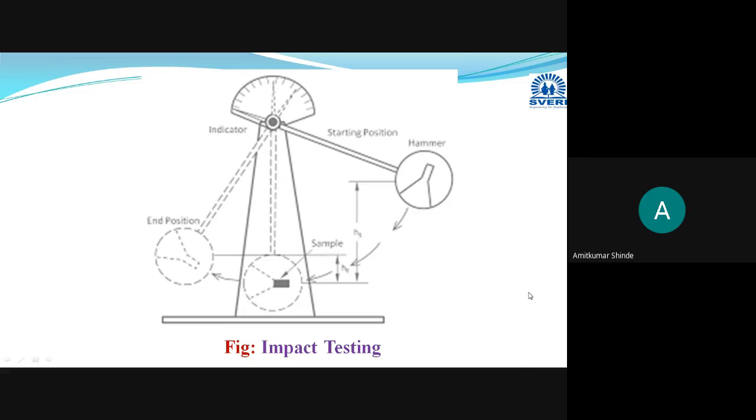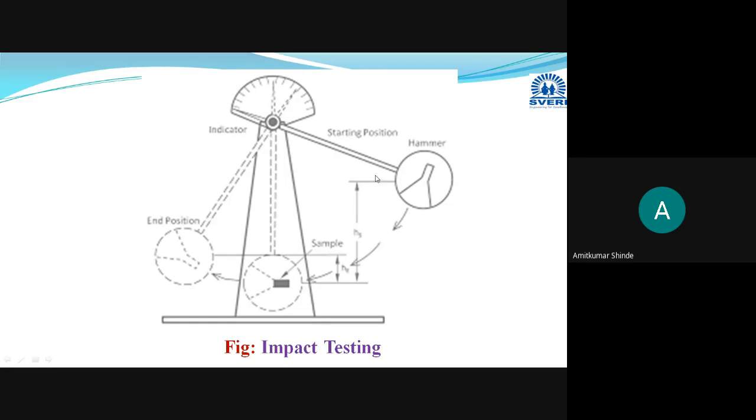Generally we are going to use the Izod impact test, and whichever test specimen we use here, as we have already discussed in the metallurgy subject, we create a notch on that specimen. One notch will be created, and the prepared specimen will be fixed here.